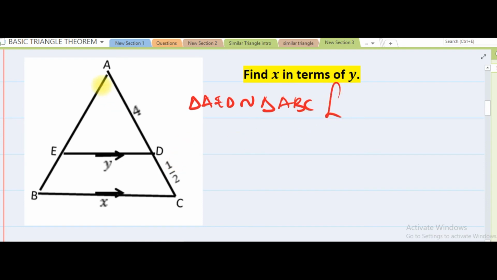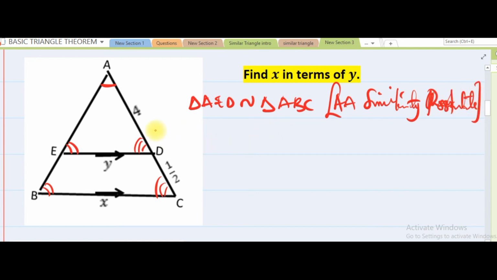By which theorem? Check. It will be angle, because here is the same thing. Here is here by corresponding angle theorem. So by angle similarity postulate, sorry. It's not a theorem.